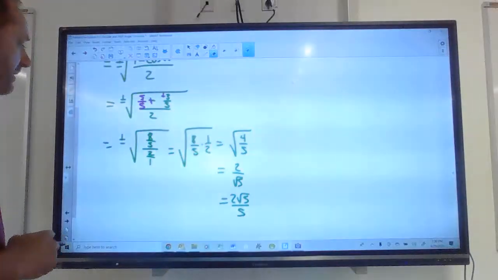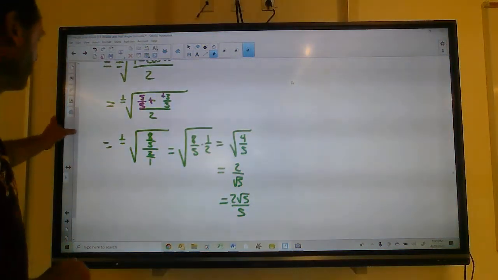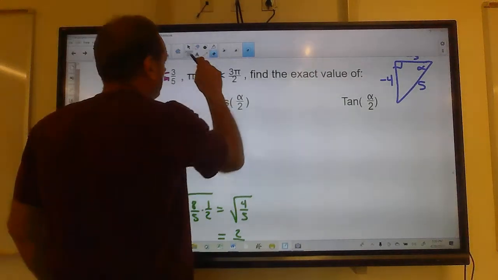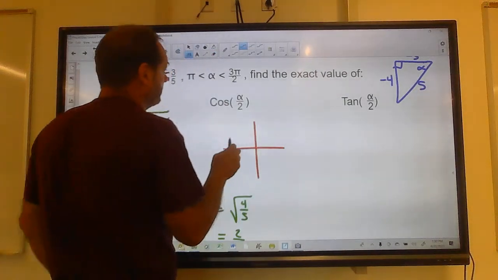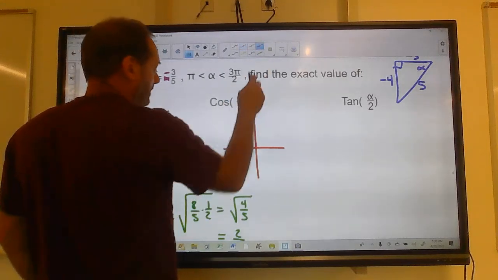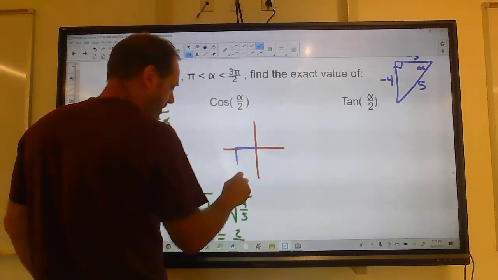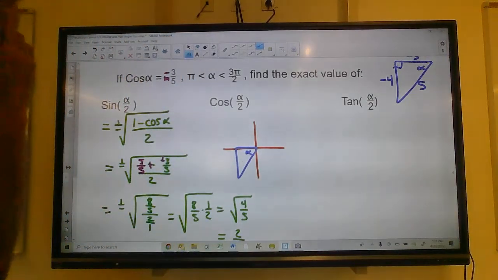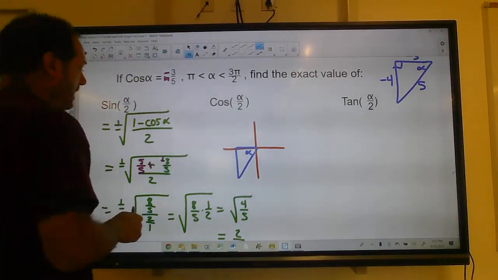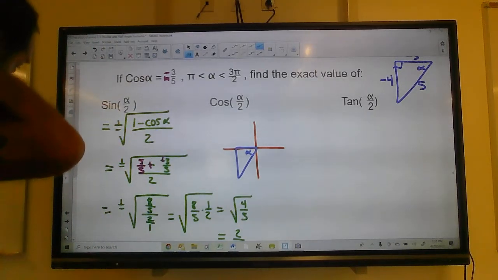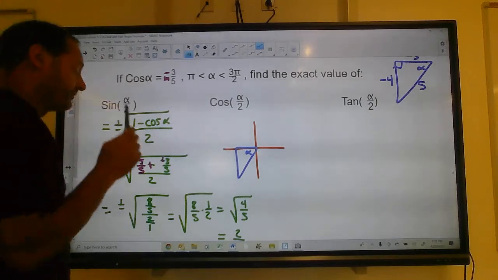Okay, so now we got to think about, is this thing positive or negative? So let's think about what this angle is. So on our unit circle here, we are in this quadrant right here. This is angle alpha right here. Okay, and we want to know what's the sine of alpha over 2.